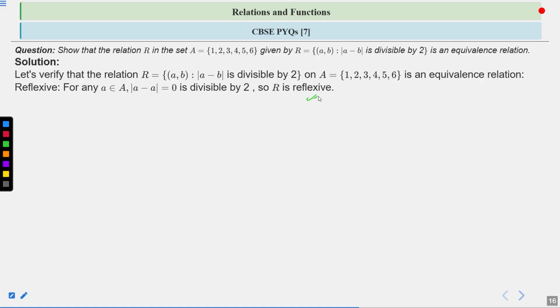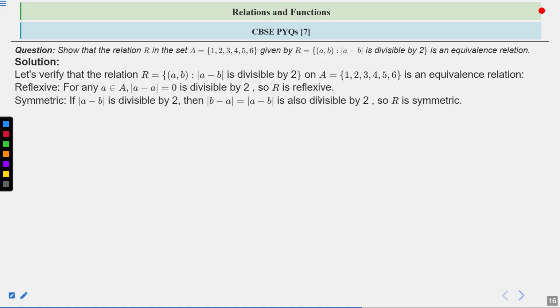Let us check for symmetry. If |a - b| is divisible by 2, then we know that |b - a| is always equal to |a - b|. For example, the absolute value of minus 3 is equal to 3.